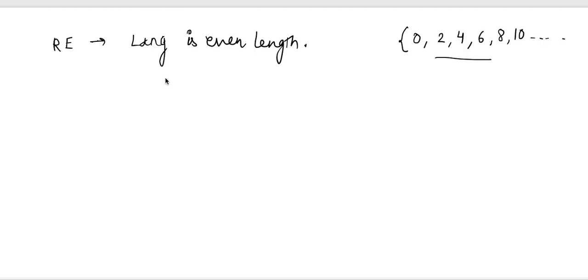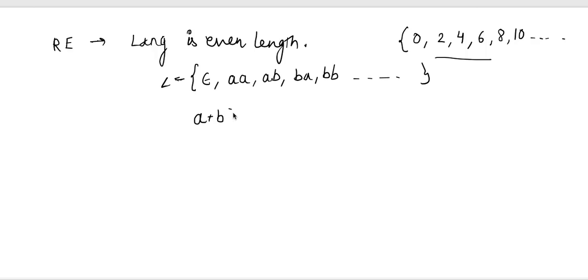Okay, so let's see the language. What I told you, either a 0 length string can be there, or a 2 length string can be there, and so on. So the language is infinite. So see, what you could do is (a plus b)(a plus b).